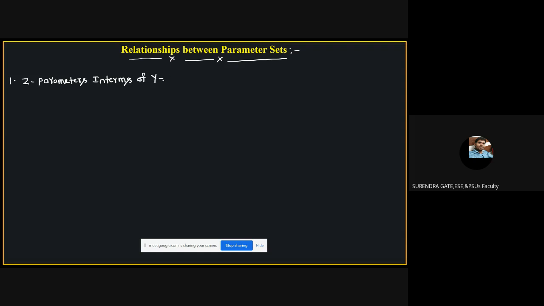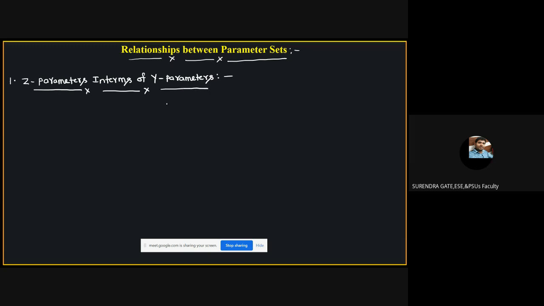That means once you know the Y parameters, how to find the Z parameters.